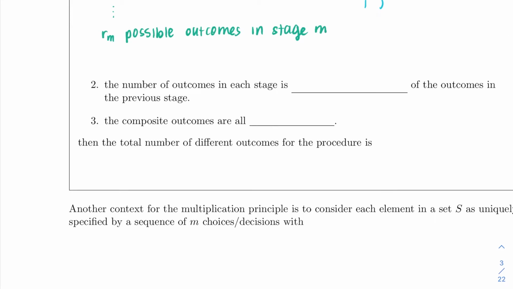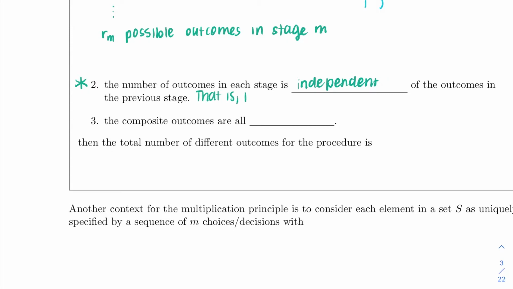There's 2 other additional criteria we need. It says the number of outcomes in each stage is independent of the outcomes in the previous stage. We're going to have to come back to that on the next page, because it's important we understand what it means to be independent. I'll just paraphrase what we're going to talk about.